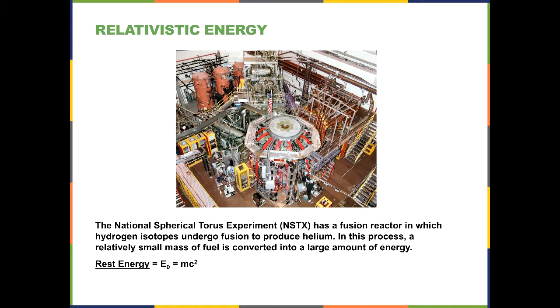Einstein also showed that rest energy of any mass is equal to the mass times c squared. So the rest energy is this mass. It has this much energy if it's not moving. The total energy is the rest energy times the correction factor gamma, which is very similar to what we've already seen.